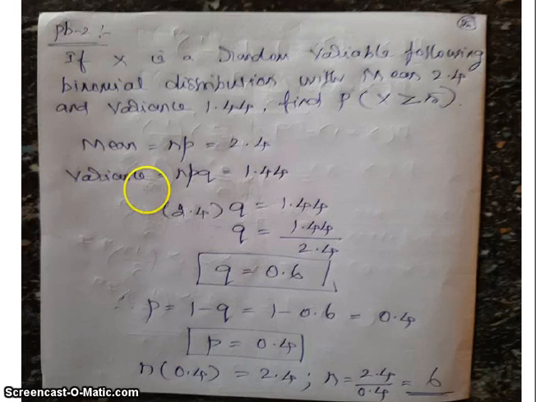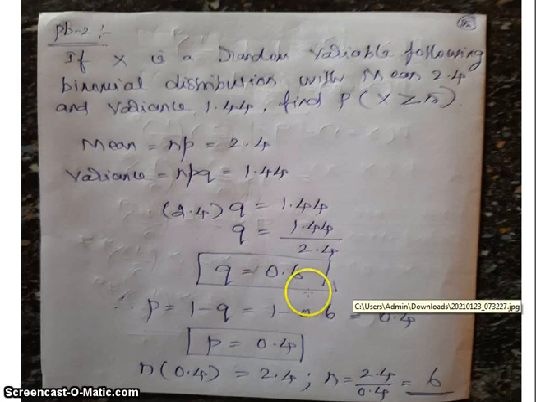Variance is npq, that is equal to 1.44. So np value is 2.4, you can substitute here. So n into p into q, n into p is 2.4, so 2.4 into q is equal to 1.44. So q is equal to 1.44 divided by 2.4. So q is equal to 0.6.